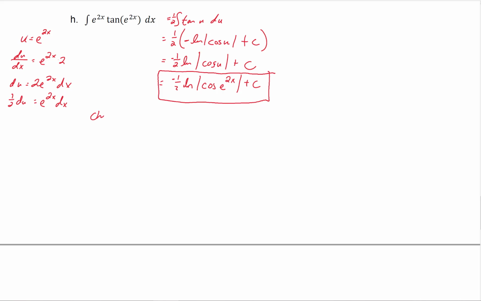So let's check this one. We had negative 1/2 natural log absolute value, and we'll drop the absolute value for purposes of checking. So we have negative 1/2 natural log of cosine e to the 2x plus c, and it's going to be prime.